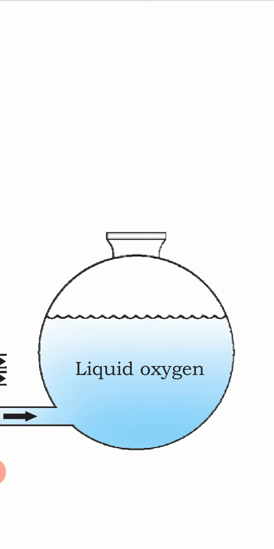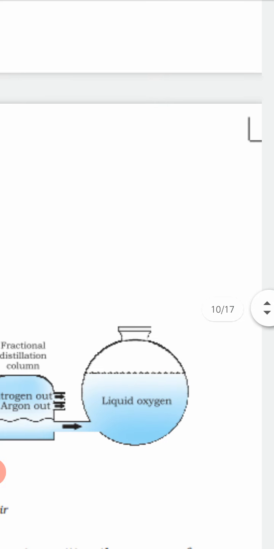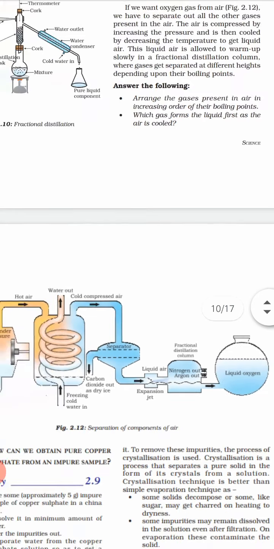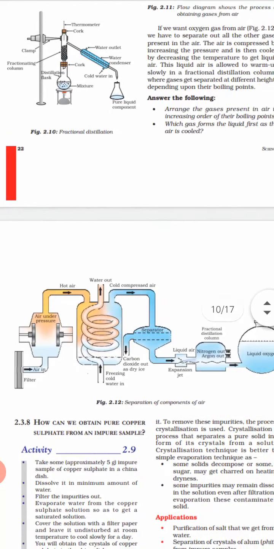The oxygen is still in liquid form because its boiling point is higher. It has not undergone vaporization, so liquid oxygen can be collected directly in this vessel. I think now it is clear. That is how we can separate the different parts of air.